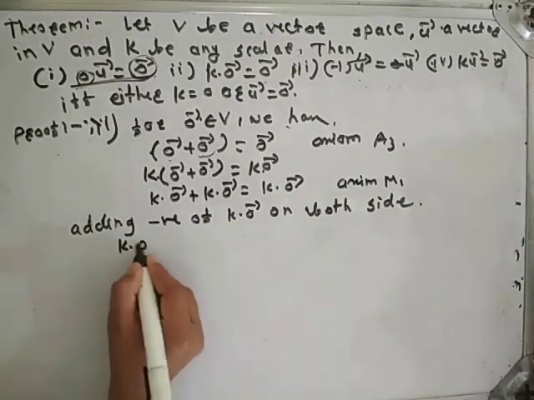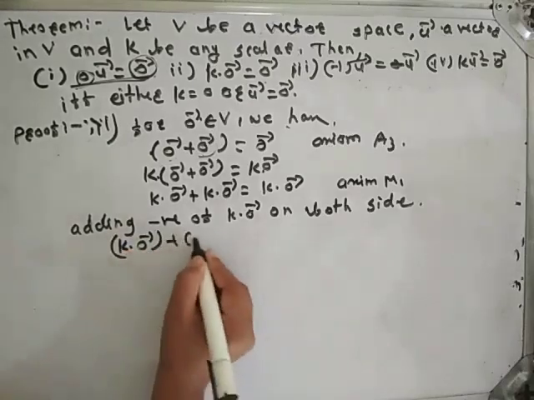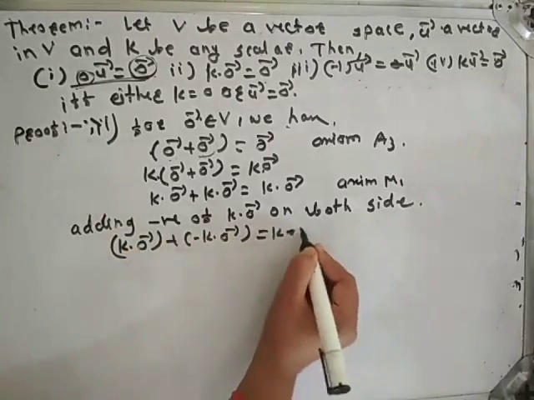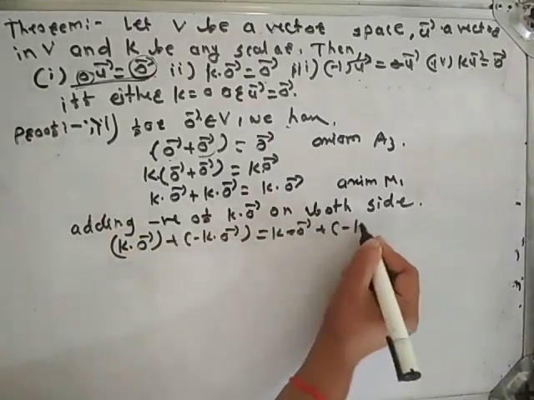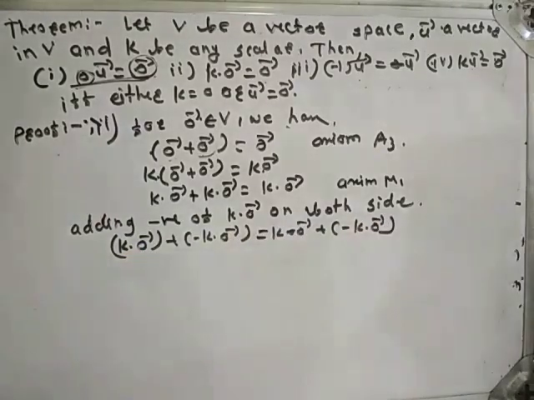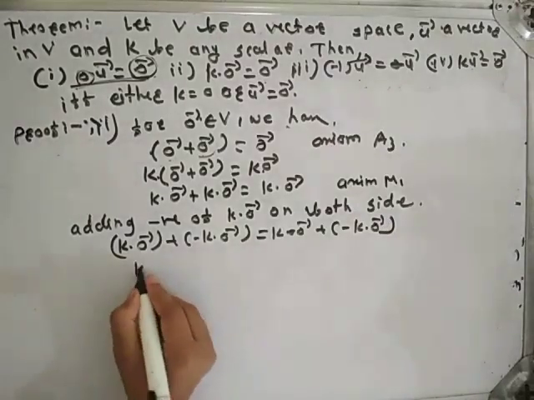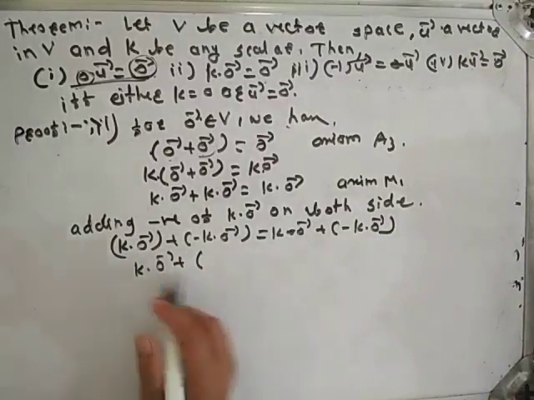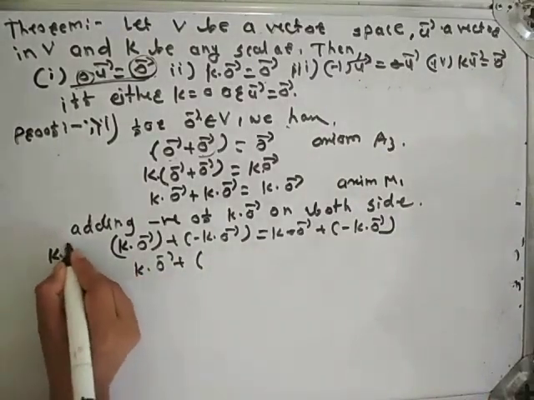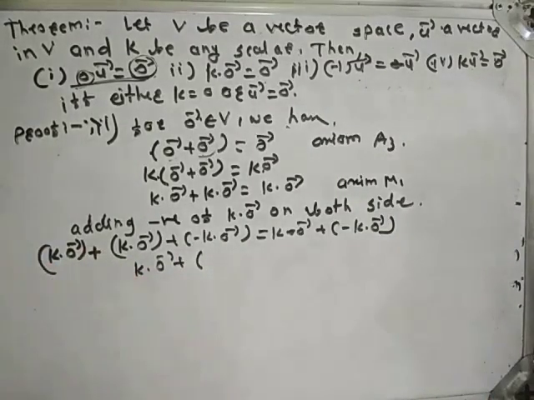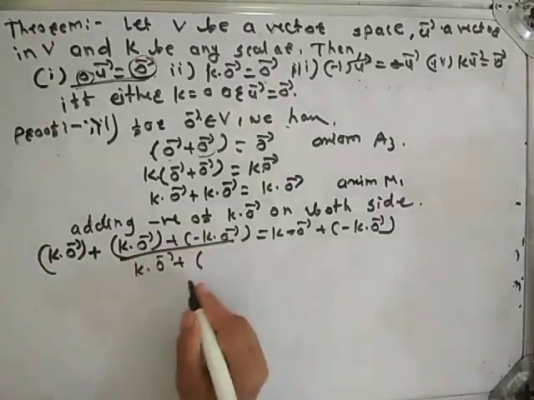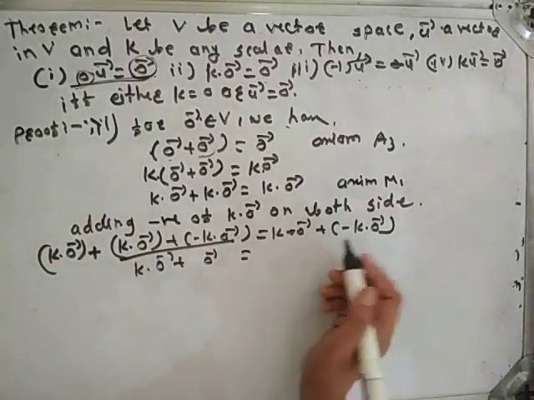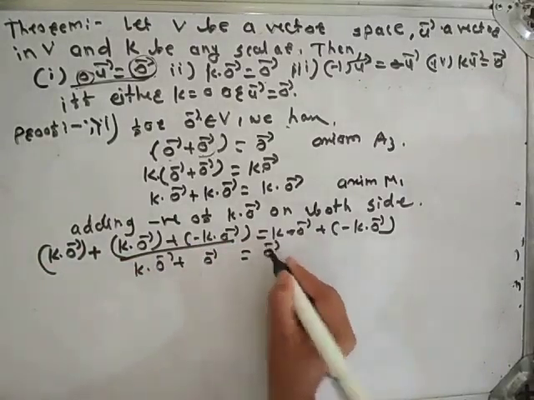We'll get k into 0 bar plus minus k into 0 bar is equal to k into 0 bar plus minus k into 0 bar, which is equal to k into 0 bar plus, here, this is 0 bar, which is equal to 0 bar.